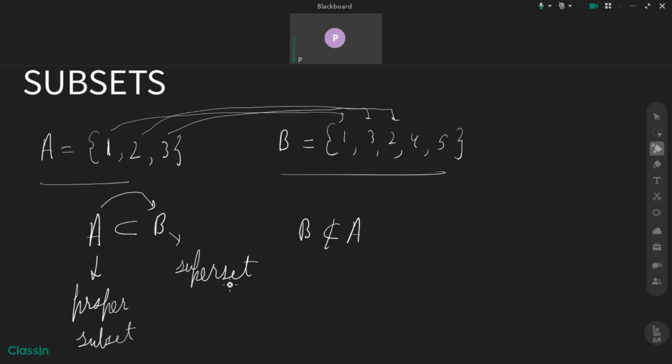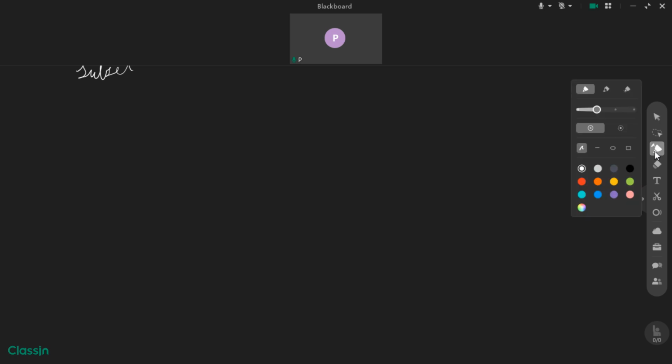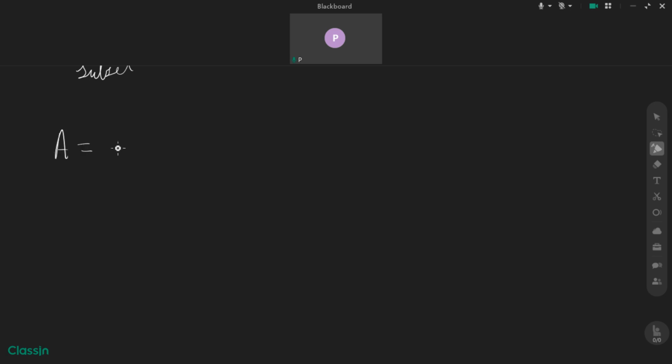Now what happens when A is a subset of B and B is a subset of A? Let us see that. Let us say set A has elements 1, 2, 3, while set B has elements 3, 1, and 2.